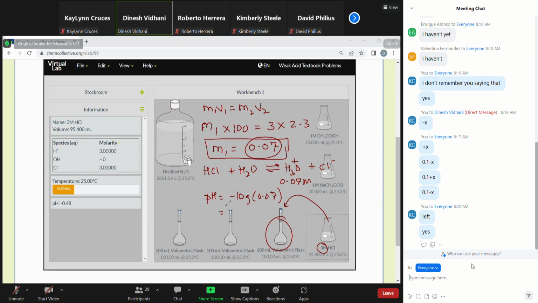Negative log of 0.07. Can you find pH for me? Good. So it's roughly 1.15, right? That's what you're getting? Yeah, that's what I got. Exactly. So this would be the math involved when you are adding HCl into the neutral water. Make sense, all of you?